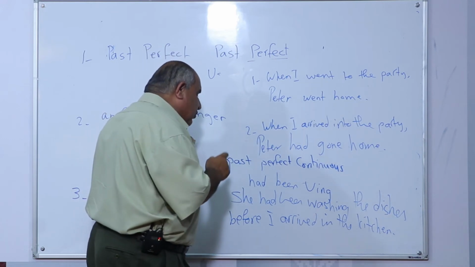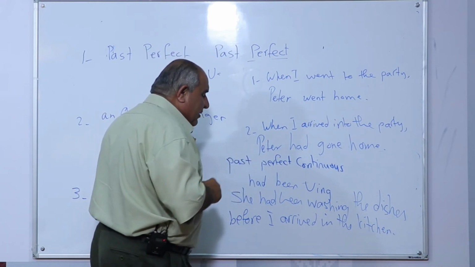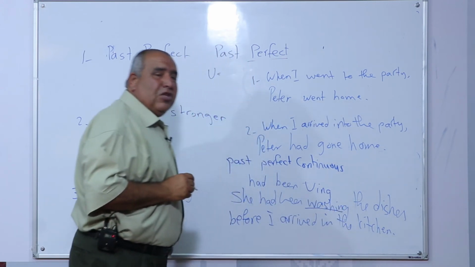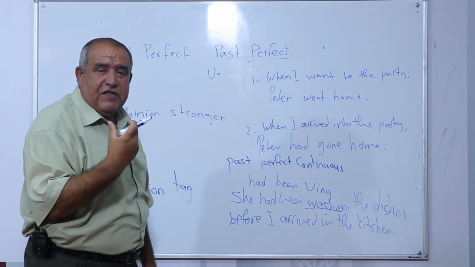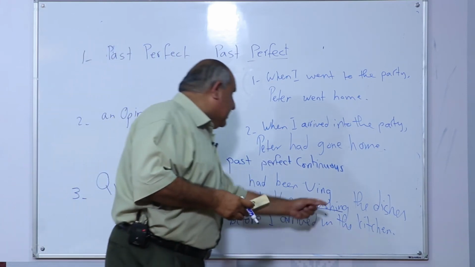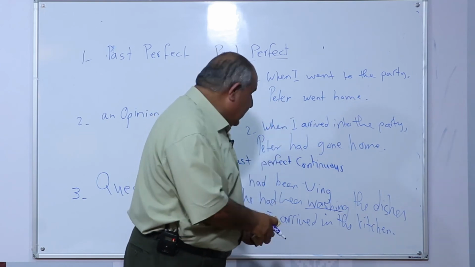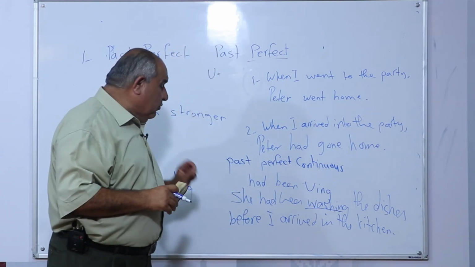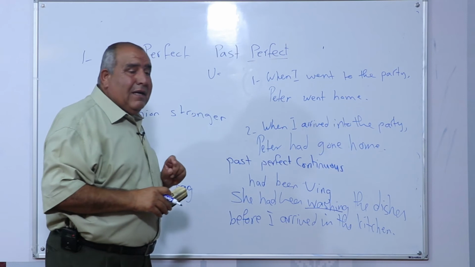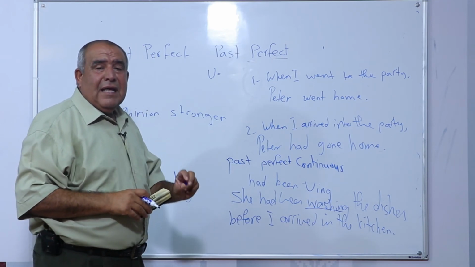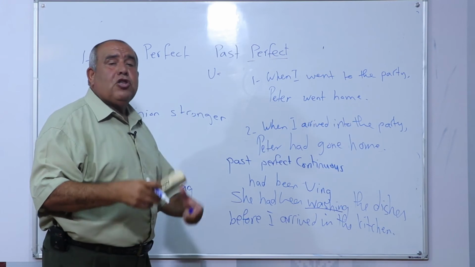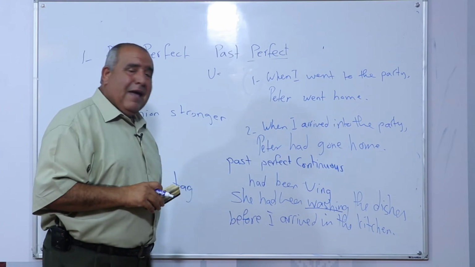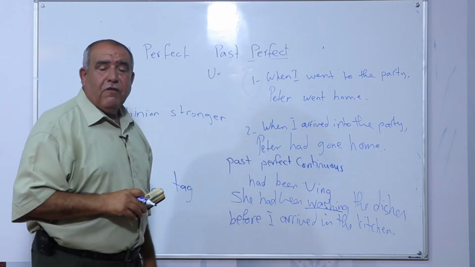The only difference between the past perfect and the past perfect continuous is that we are interested in the duration of time, in the continuity of time, in the progress of the action, that washing the dishes was taking place in the past long before I arrived in the kitchen. Therefore, when we talk about the past perfect continuous, we are much interested in the duration of time, the time during the period of the past perfect, and then after that having the past simple as in the sentence of the past perfect.